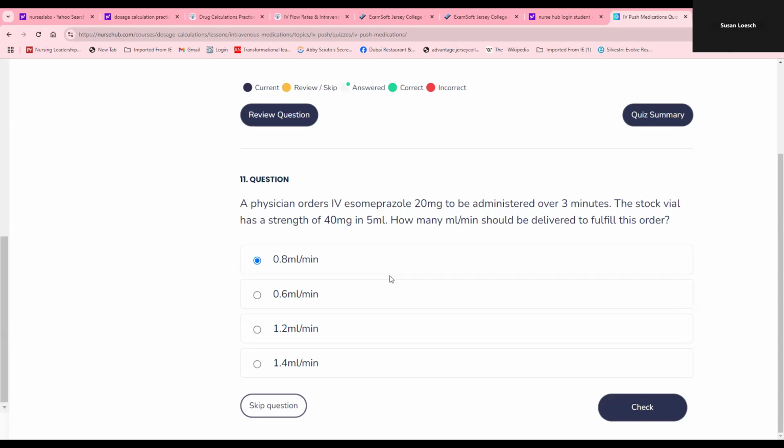Over every 15 seconds. Remember, you calculated 0.8 over 1 minute. So what do you have to do here? What's the next step? I have to take the 0.8 and divide it by 4. And that should have given you 0.2.